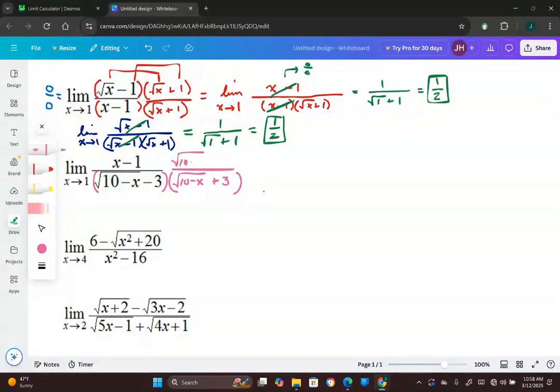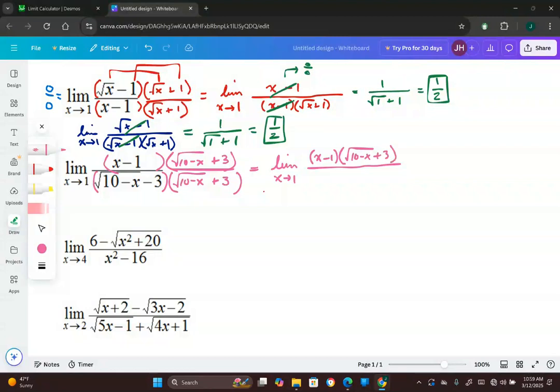It is still radical 10 minus x, but it's radical minus 3, so its conjugate is radical plus 3. Now again, one of the tricks to this is saying to yourself, hey, I got to remember, don't multiply out anything that's not conjugates. So the x minus 1 on the top, and that radical 10 minus x plus 3 on the top, we're not going to multiply that out.